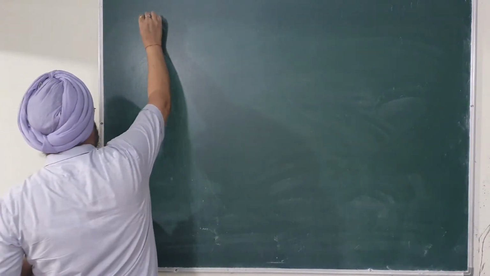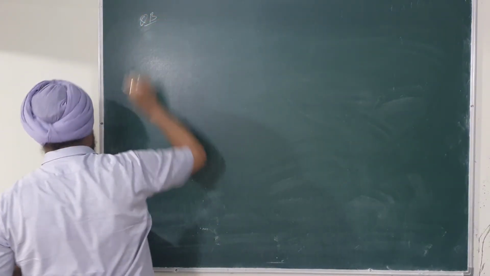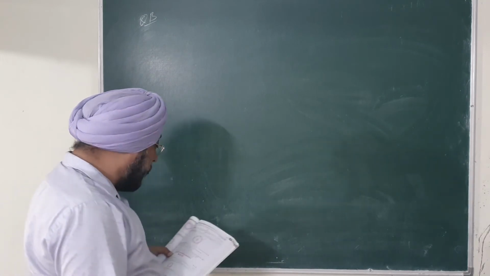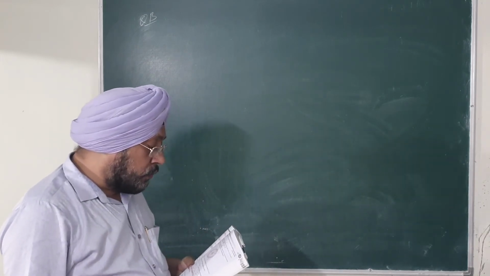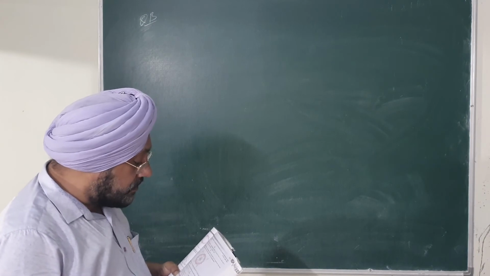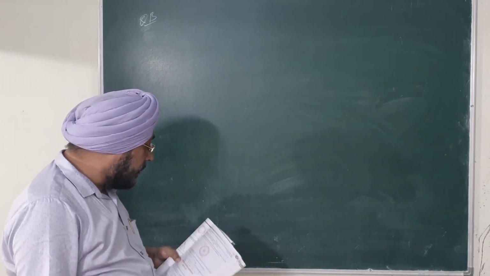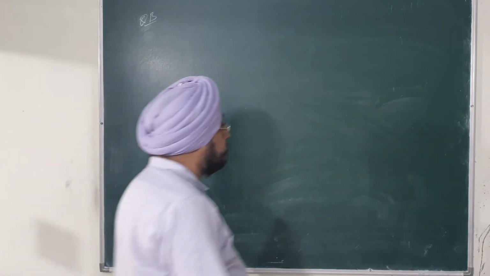Now see what is question number 13. Prove that the opposite sides of a quadrilateral circumscribing a circle subtend supplementary angles at the center of the circle.